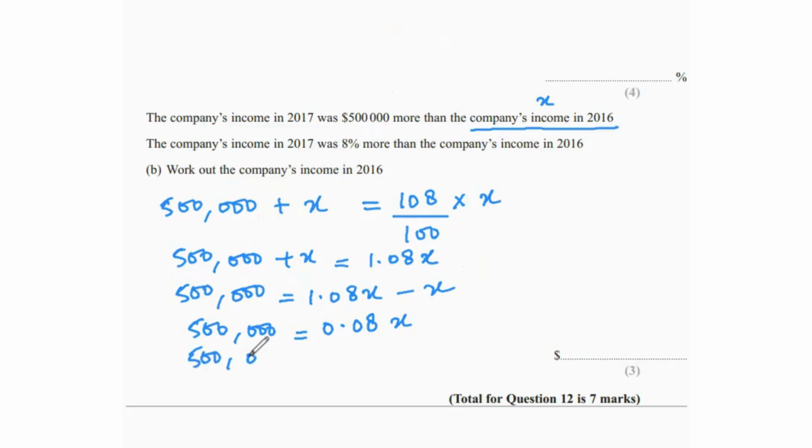Divide 500,000 by 0.08, which is going to give us $6,250,000. That is the company's income in 2016.